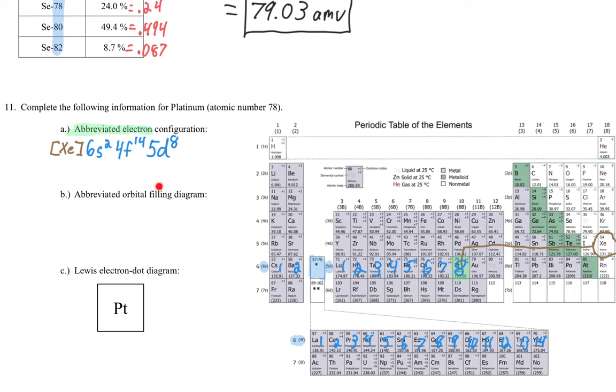Part B, I need an orbital filling diagram. Now, this sounds like a lot of words. Orbital filling is not that hard. It's not that confusing. You might remember it a little better as the boxes and the arrows. Well, I got to remember how to do the boxes. Remember, the boxes go with these letters.